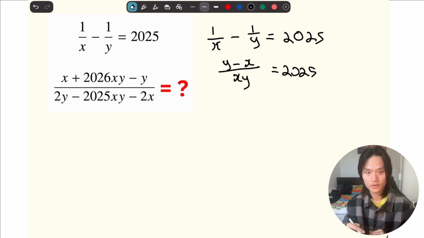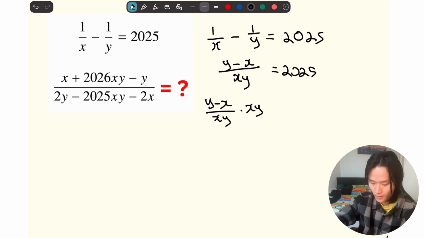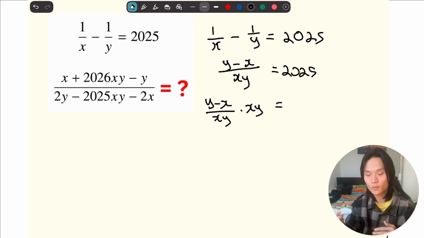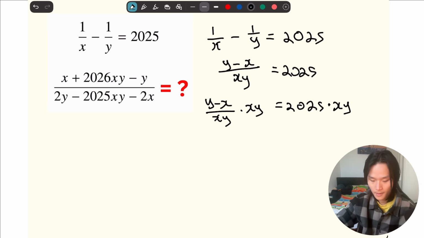What if we multiply both sides by xy? So (y minus x)/xy multiplied by xy, and then we have 2025 multiplied by xy.